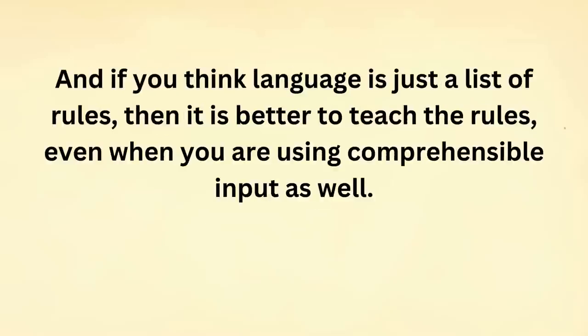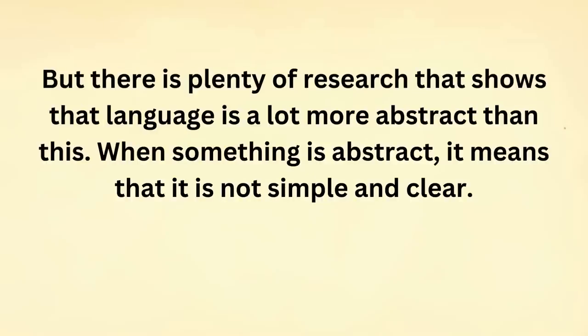And if you think language is just a list of rules, then it is better to teach the rules, even when you are using comprehensible input as well. But there is plenty of research that shows that language is a lot more abstract than this. When something is abstract, it means that it is not simple and clear.